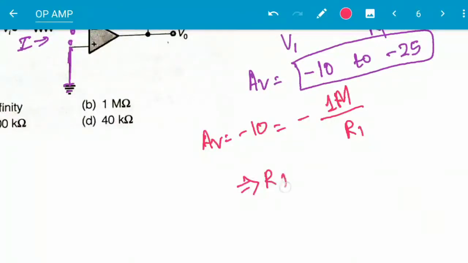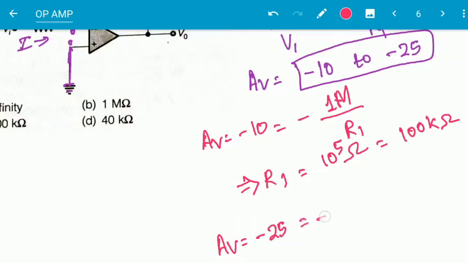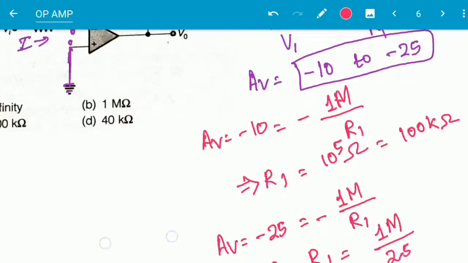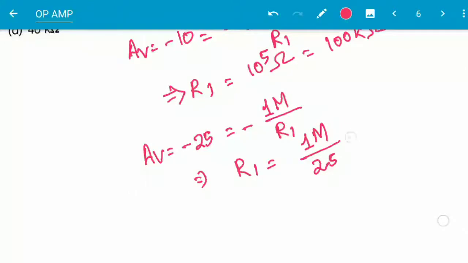So R1 will be 10 to the power 5 ohm, which is equal to 100 kilo ohm. For a voltage gain of minus 25, which is minus 1 mega ohm by R1, R1 will be equal to 1 mega ohm by 25, which is 40 kilo ohm.